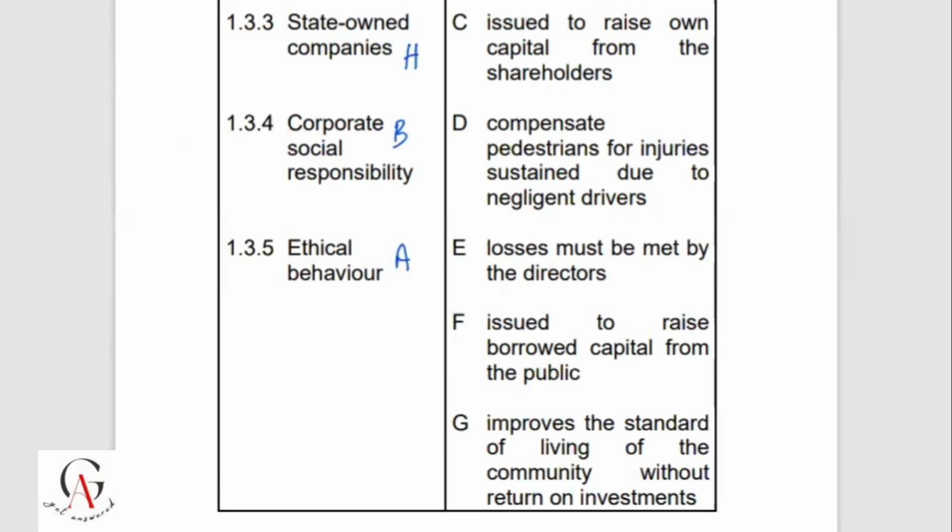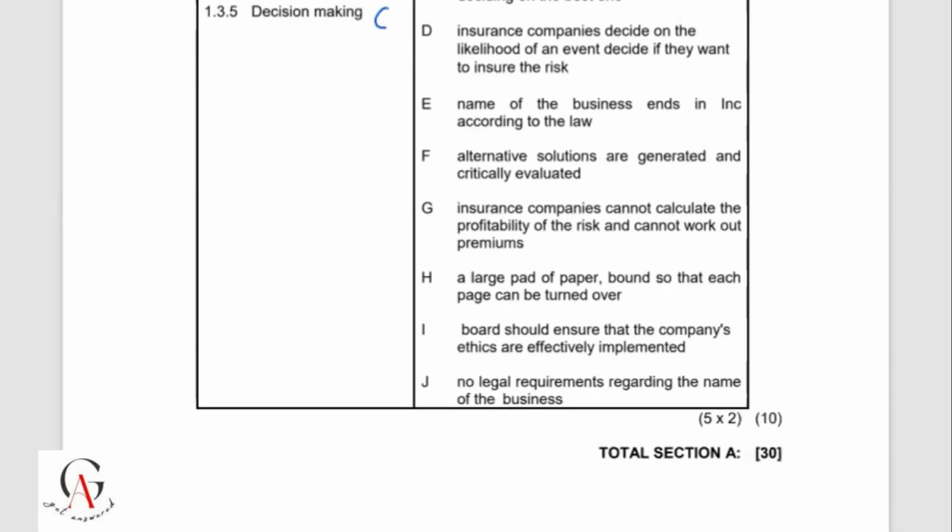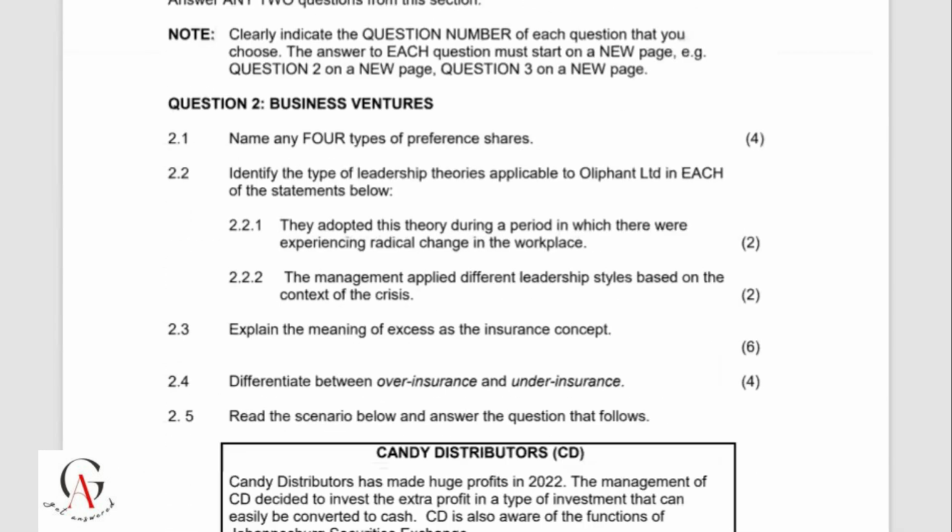Whenever, guys, you are doing your revisions, make sure that you use the examination pad, where you are going to evaluate yourself whether you understand the concepts or not. You must also know what is expected of you before you jump onto answers.